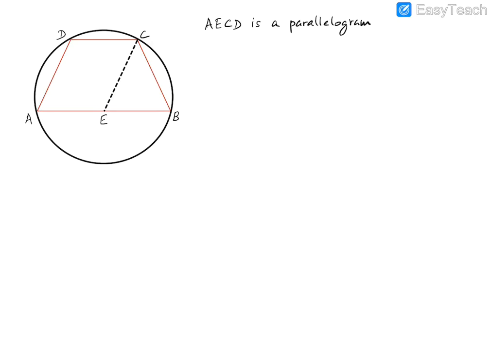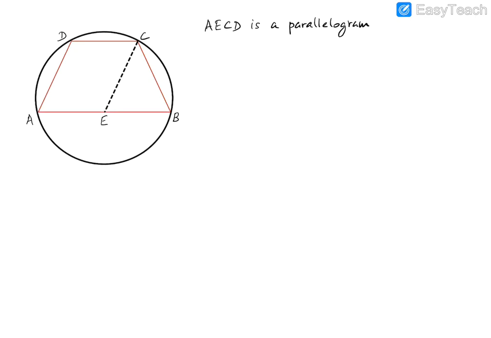We are already given that the side AD is equal to the side BC for this trapezium ABCD. Within this parallelogram AECD, we know that the opposite sides are equal and also the opposite angles are equal. Since in a parallelogram opposite sides are equal, the line CE must be equal to the line DA.